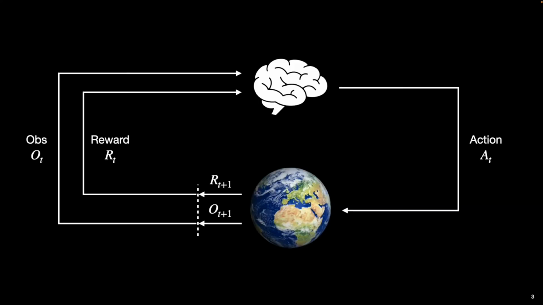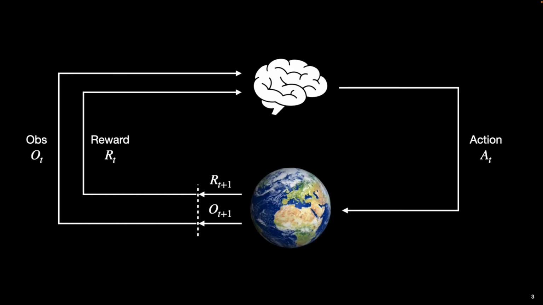So this is probably, if you open a reinforcement learning book, the first page that you see. You see this chart, which basically tells how the agent interacts with the environment, how the agent learns. First of all, we divide the interaction in discrete time steps, starting from t0, time step 0.